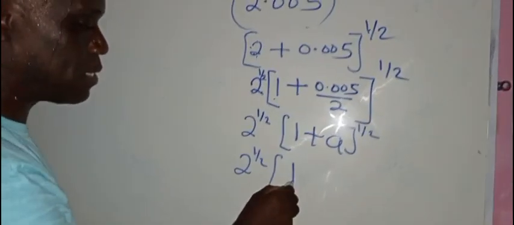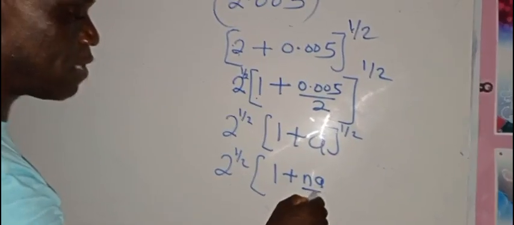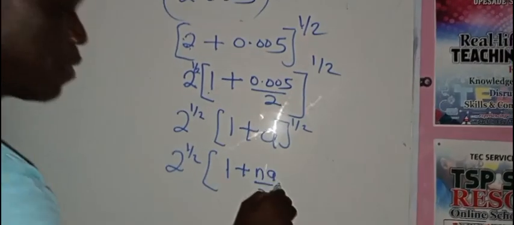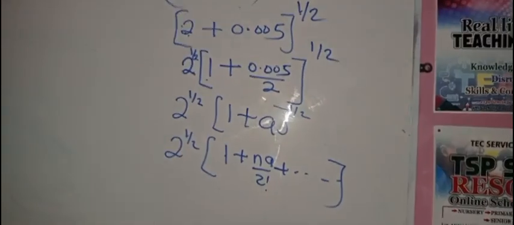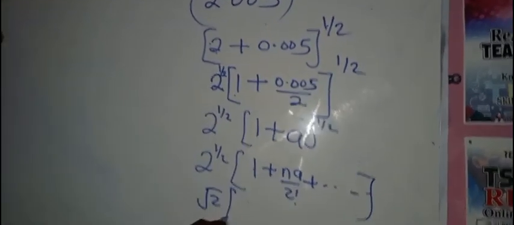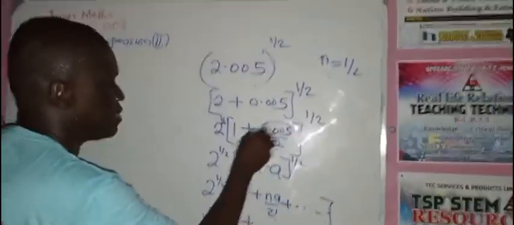You use 1 plus na over 2 factorial. Now this one, by the time you do 1, 2, for this you stop. All this other one is insignificant, please. So this is square root of 2, that's the meaning of 2 raised to power half, into 1 plus, what is n? N is half. A is this.